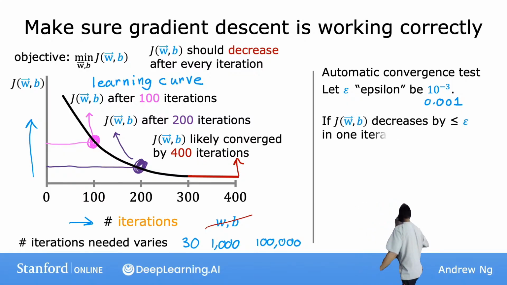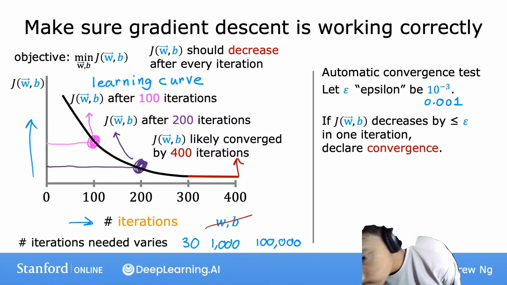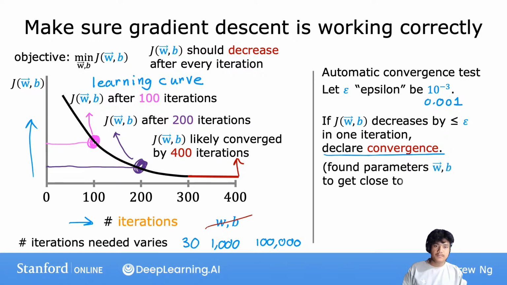If the cost j decreases by less than this number epsilon on one iteration, then you're likely on this flattened part of the curve that you see on the left, and you can declare convergence. Remember, convergence hopefully indicates that you found parameters w and b that are close to the minimum possible value of j. I usually find that choosing the right threshold epsilon is pretty difficult, so I actually tend to look at graphs like this one on the left rather than rely on automatic convergence tests.